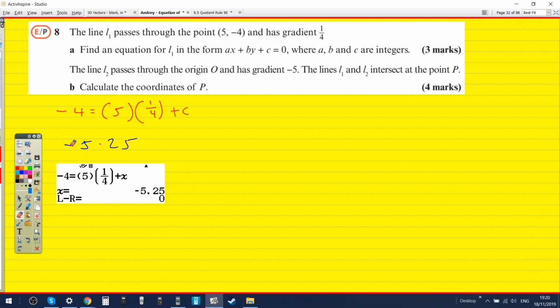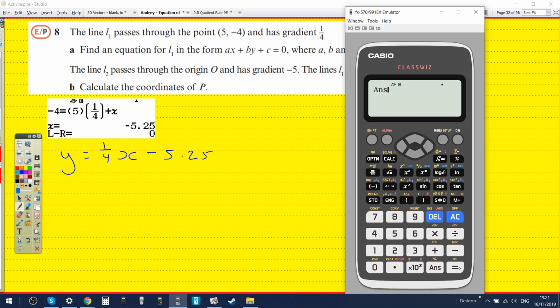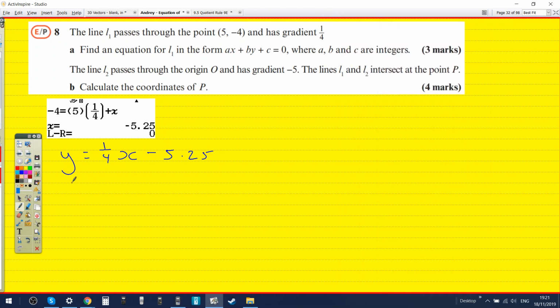And then it wants me to get it into the form ax plus by plus c equals 0. So do I need to just rearrange this equation? So 0 equals minus y plus a quarter x minus 5.25. I'll put the x first and y second, like they had it.